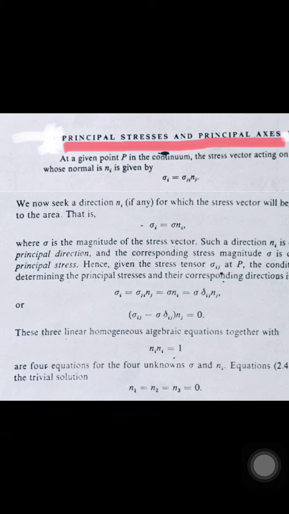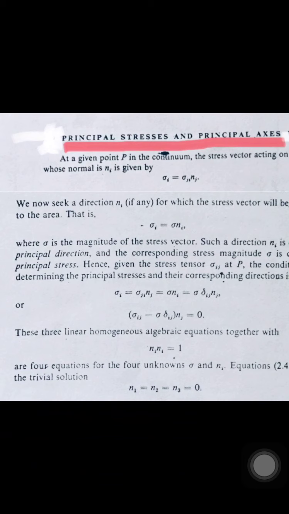Now I again repeat: we now seek a direction n_i, if any, for which the stress vector will be normal to the area. Such a direction, n_i, is called a principal direction, and the corresponding stress magnitude sigma without indices is called a principal stress.